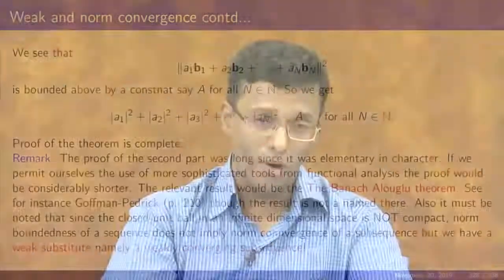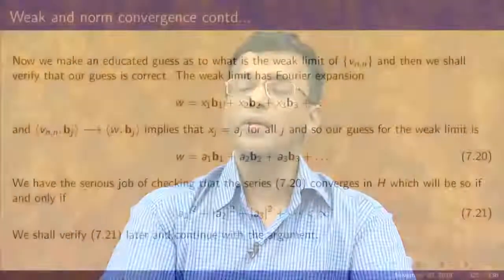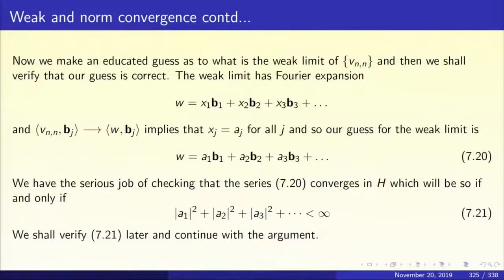You are going to get mod a1 squared plus mod a2 squared plus mod a3 squared plus dot dot dot plus mod aN squared, which is bounded by a fixed number A for all capital N, which basically means that the expression 7.21 is finite. We have completely checked the correctness of 7.21 and the proof of the theorem is thereby completed.